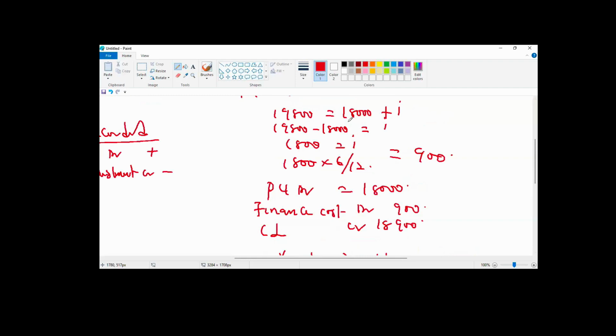What is the interest element for the whole 1 year? It's 1/8. But we are consolidating for 6 months. We did not discount the interest. We only get the interest. But we discount the visual value to get the present value. If you add the interest plus the present value, we give you the visual value.